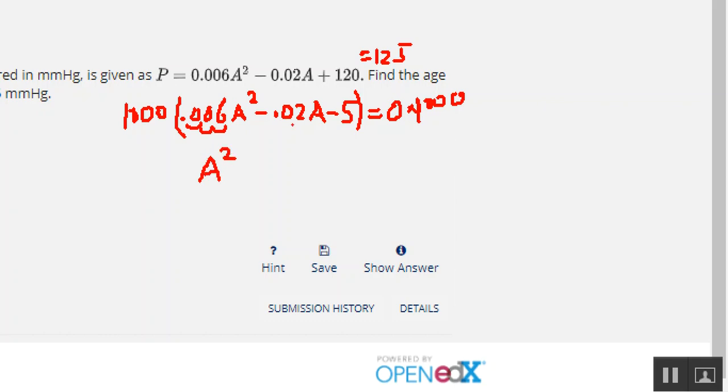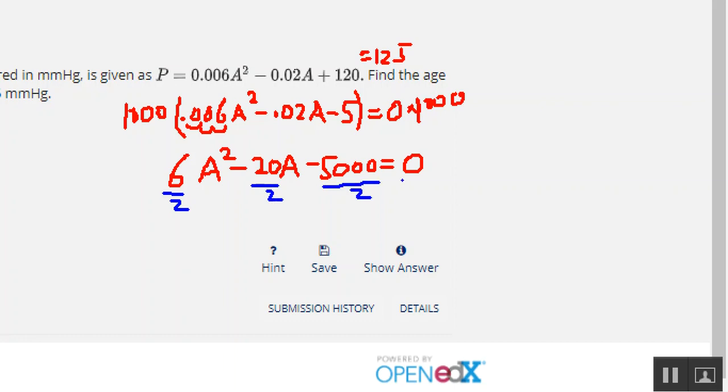So when you multiply this by 1,000, you get 20a minus 5,000. I'm sorry, I lost a 6 there. So 5,000 equals 0. And you certainly can continue to divide 2 into every single term, just to reduce the size. So you get 3a squared minus 10a minus 2,500 equals 0.